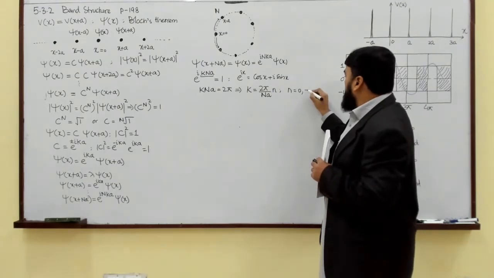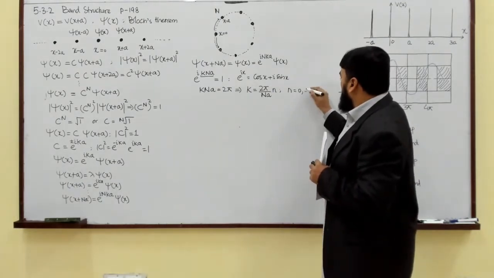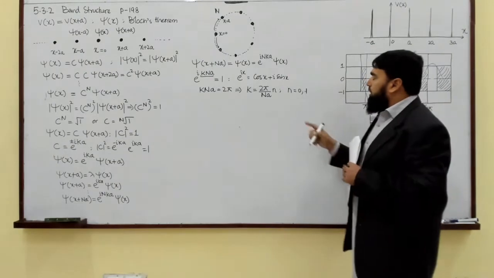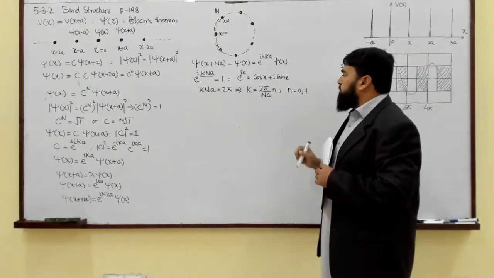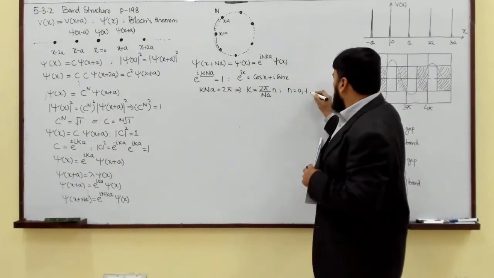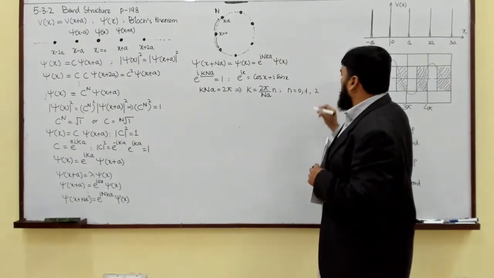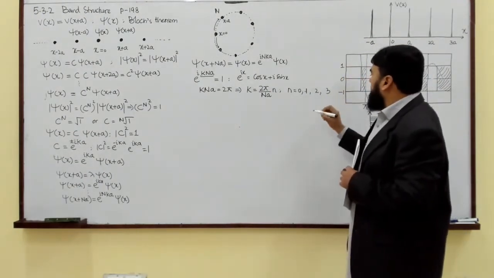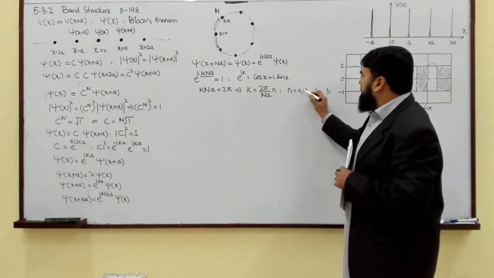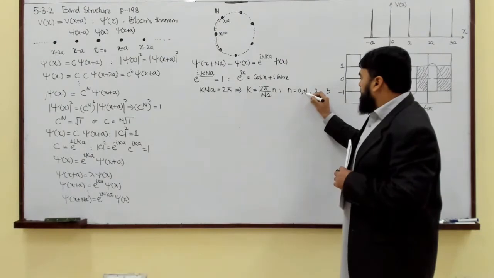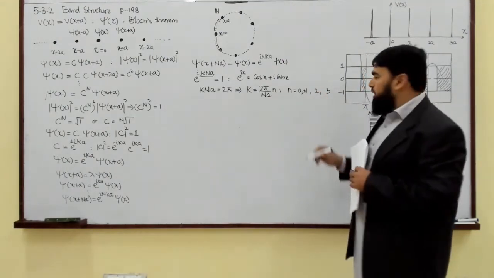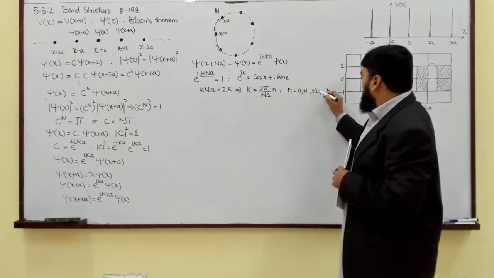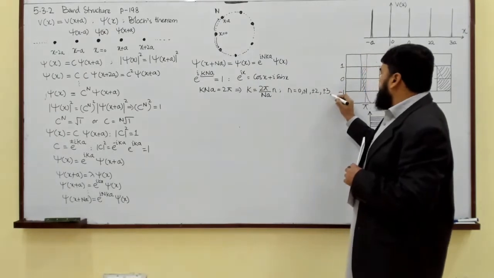The same is true for n equal to 1, when this will be equal to 2 pi. This is true for n equal to 2 as well, and 3 as well. Similarly, this is true for plus minus values and so on.